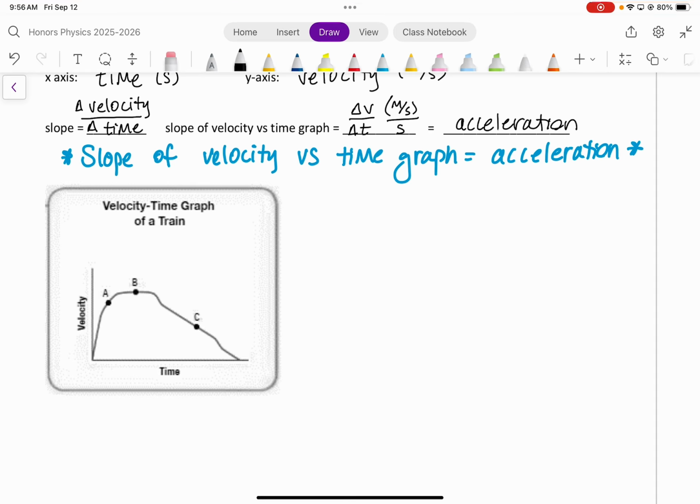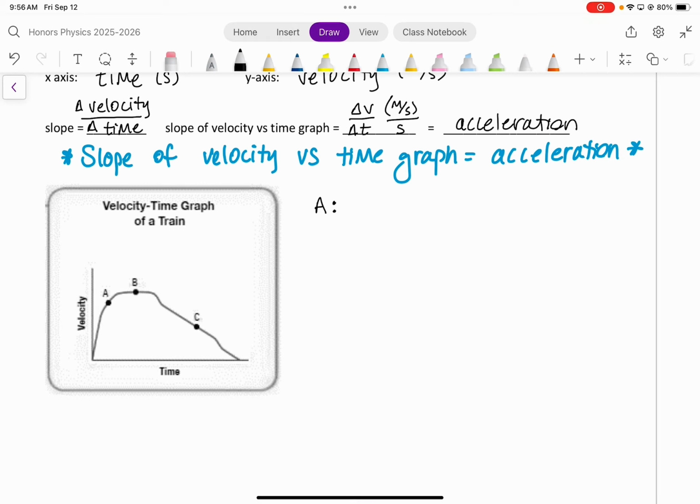All right, so we are going to look at this graph here, and we're going to identify what's going on at points A, B, and C. So at point A, what can we say? First of all, what can we say about this segment from like here to here before it starts curving?